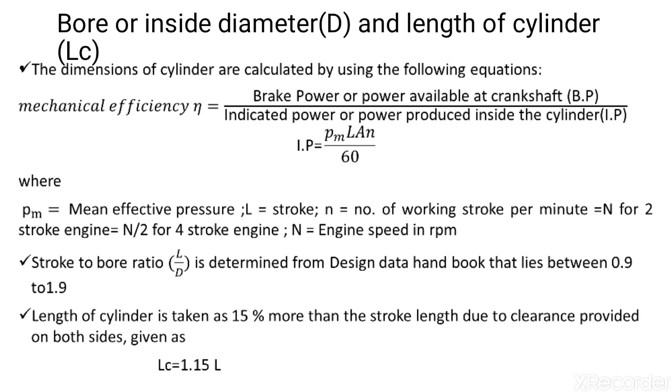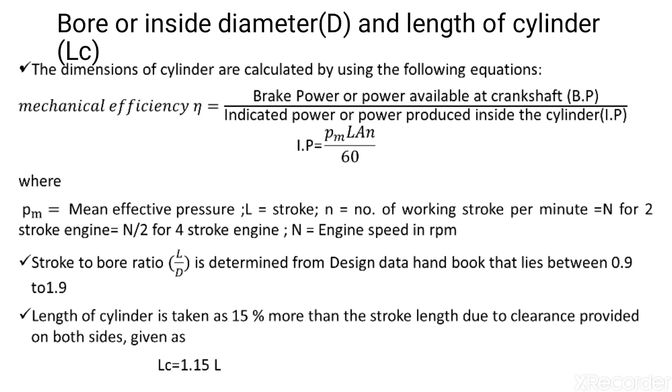The dimensions of cylinder are calculated by using the following equations. Mechanical efficiency equals brake power or power available at crankshaft, denoted by BP, divided by indicated power or power produced inside the cylinder, denoted by IP.